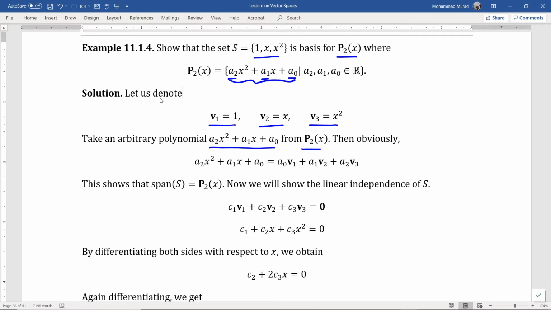Then obviously the polynomial can be written as a sub 0 times v sub 1 plus a sub 1 times v sub 2 plus a sub 2 times v sub 3. Recall that v sub 1 is 1, v sub 2 is x, and v sub 3 is x squared.